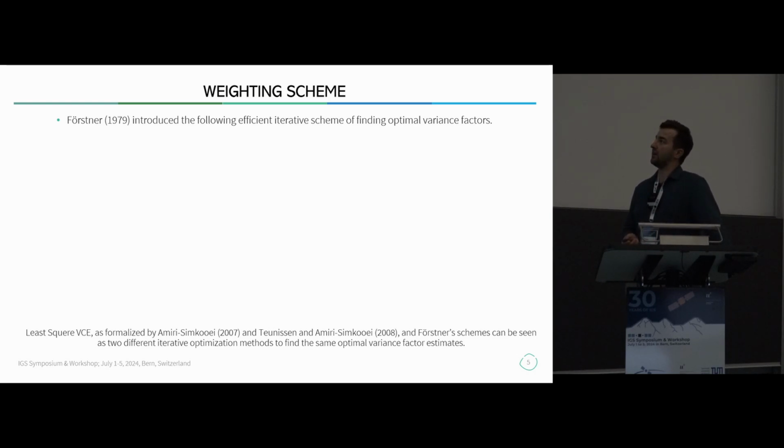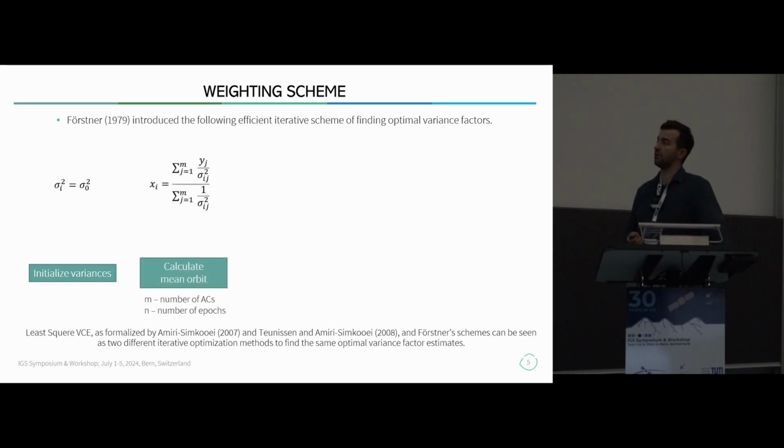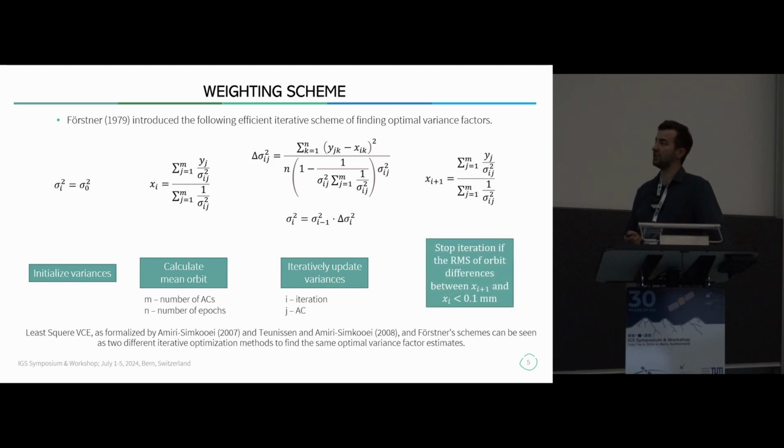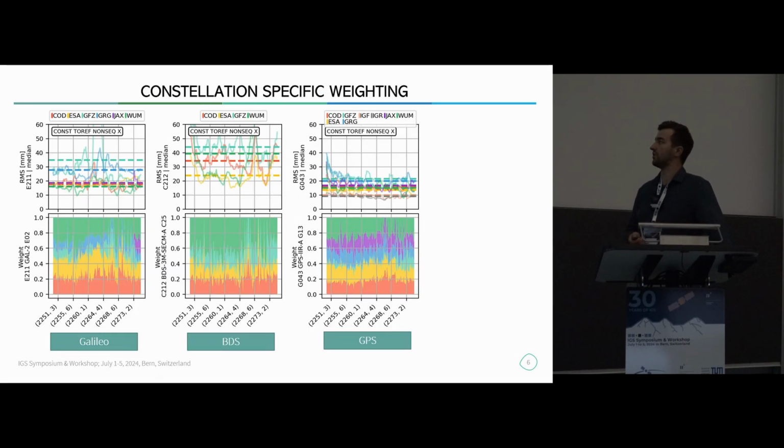One slide about the weighting scheme itself. As for the methodology, we adapted the methodology introduced by Fürstner, who found an efficient iterative scheme of finding optimal variance factors. In brief, this is how it was adopted for the combination of the orbits: we initialize variances, then we calculate the mean orbit, then iteratively update variances, stopping the iteration when the orbit differences satisfy our threshold.